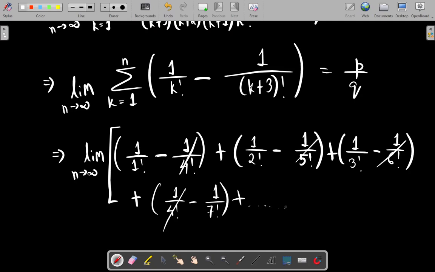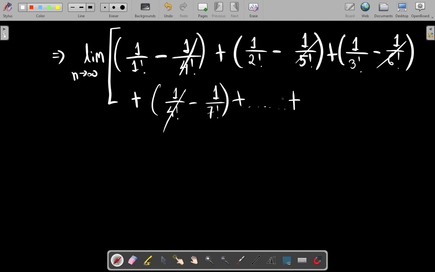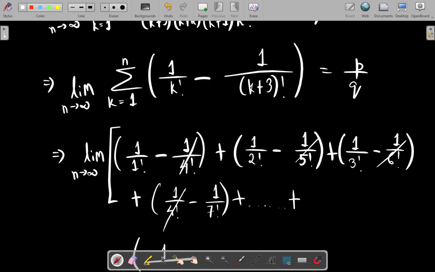This continues up to k equal to n, where the last term will be 1 upon n factorial minus 1 upon (n plus 3) factorial. So the first three terms here won't get cancelled, and similarly the last three terms also won't get cancelled, but the terms prior to the last three terms will get cancelled.